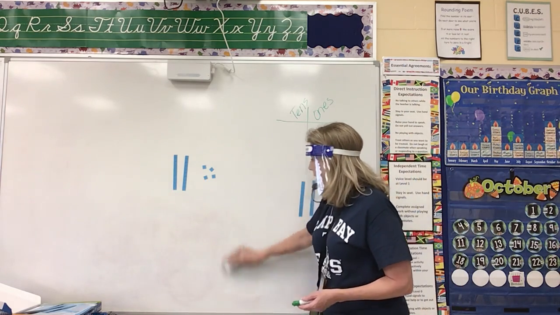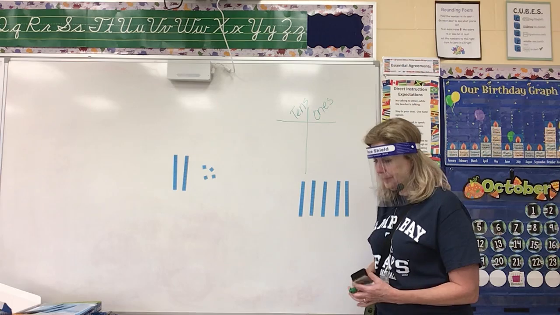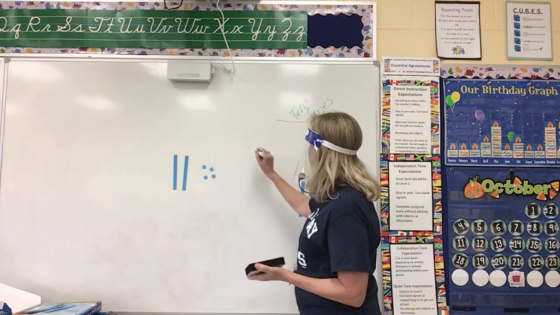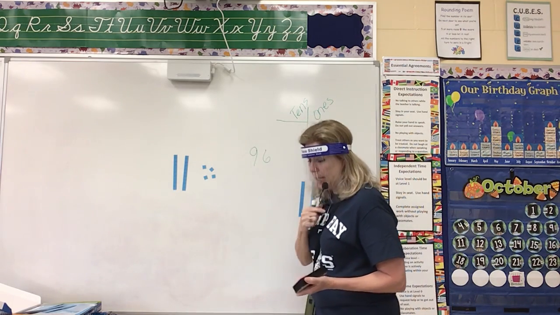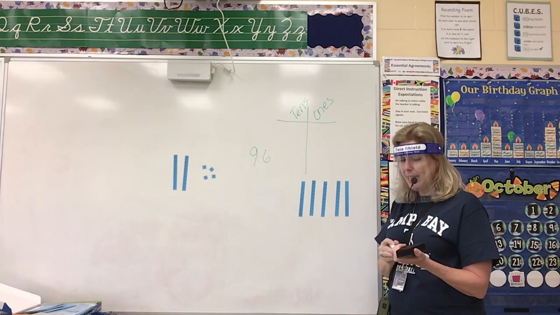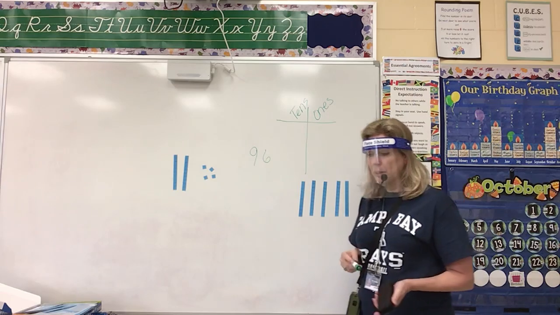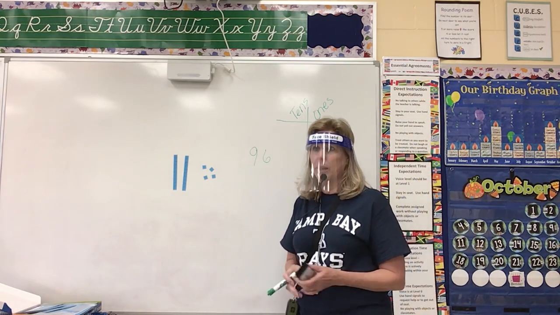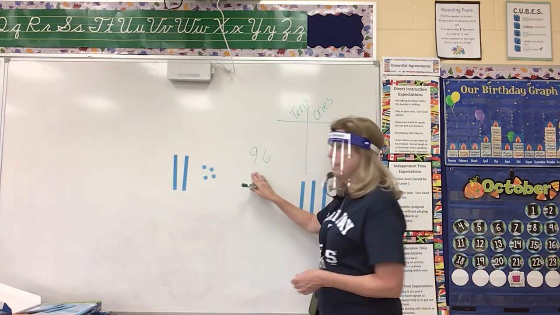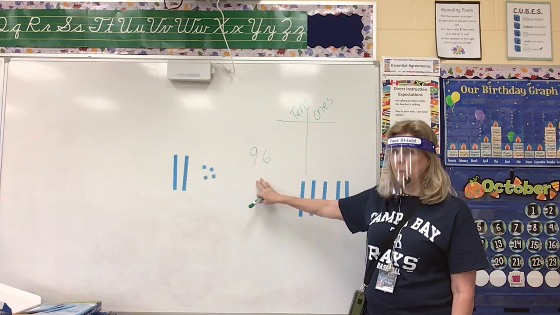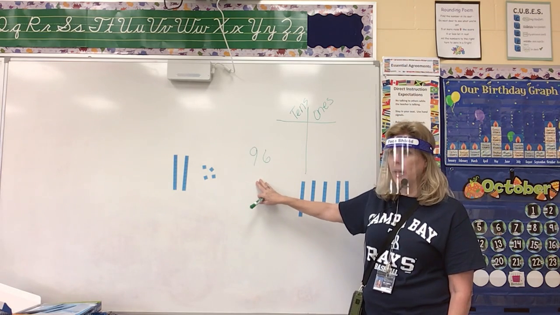Okay, so we have 96 chairs. He puts 10 chairs in each row. How many complete rows can he make? So 96, and he puts 10 chairs in each row.